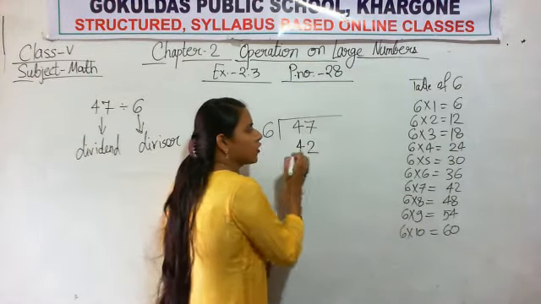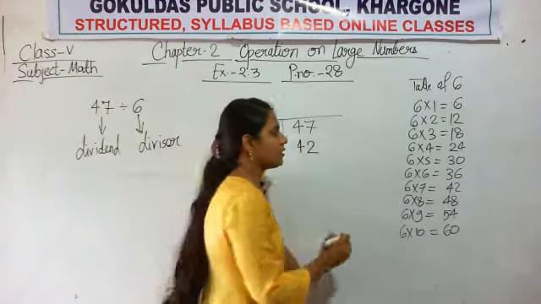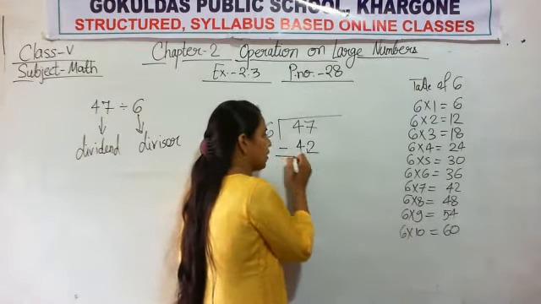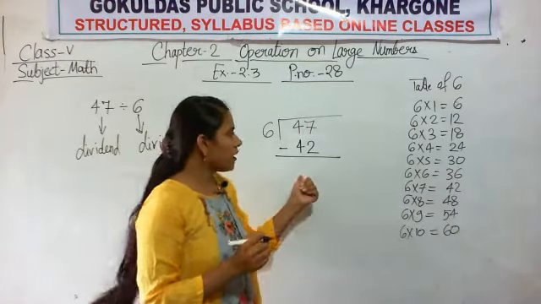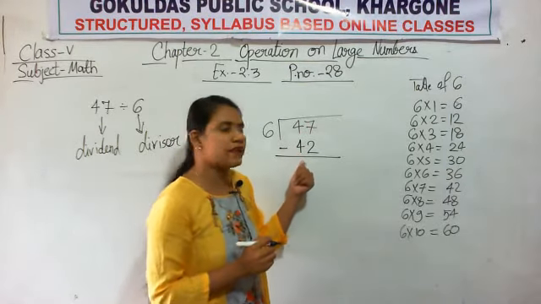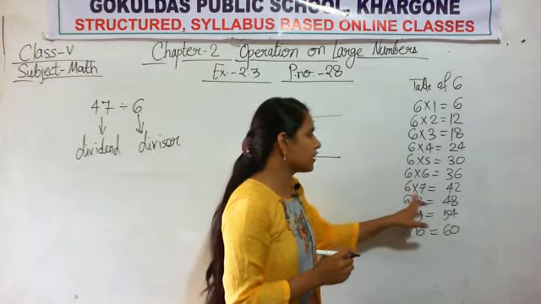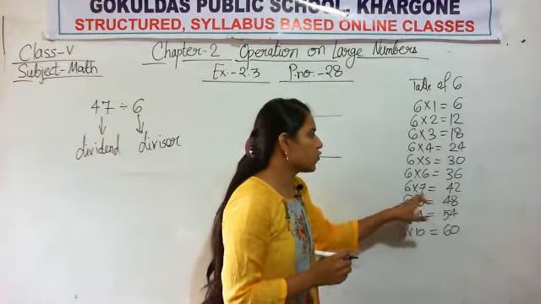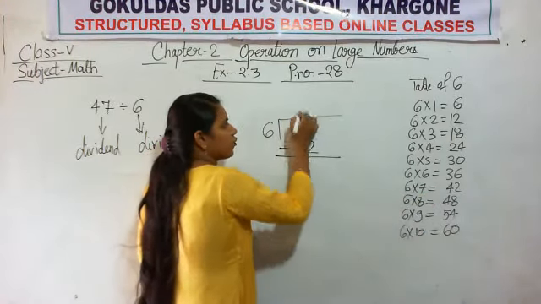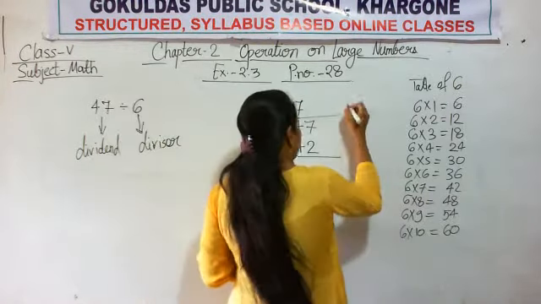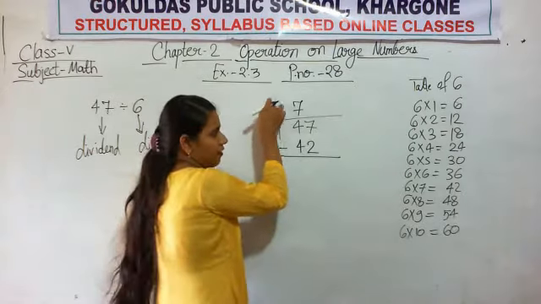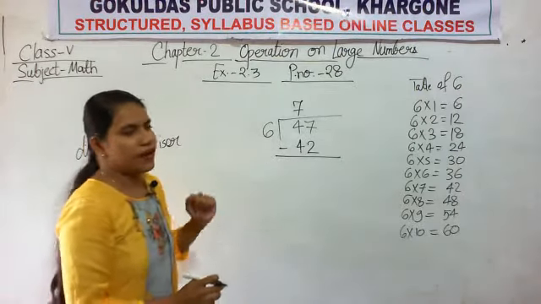You will write 42 over here with a minus symbol, as division is the process of repeated subtraction. In how many times did you get 42? 6 into 7 is 42, so you write 7 in the quotient part.